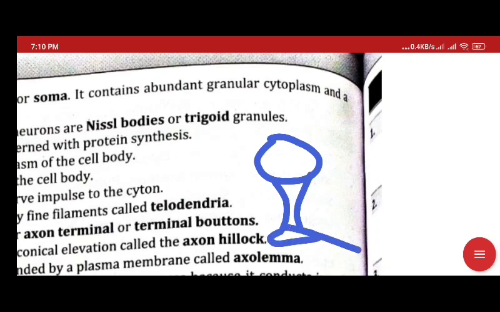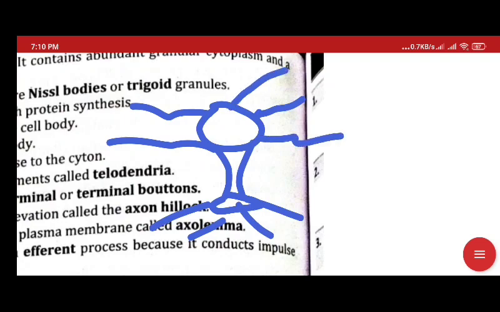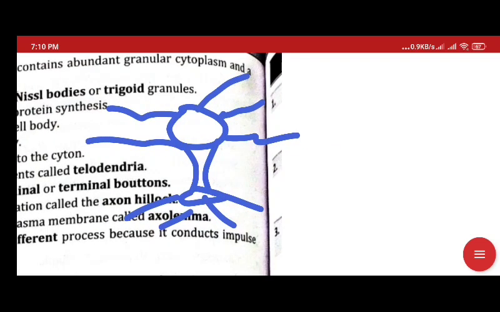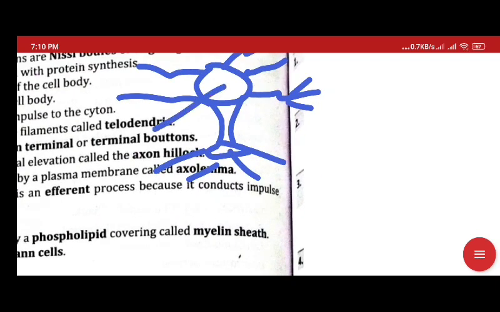See this is the cyton. Now this is what? Dendrites, meaning incoming of impulse here. And this is the cell body.